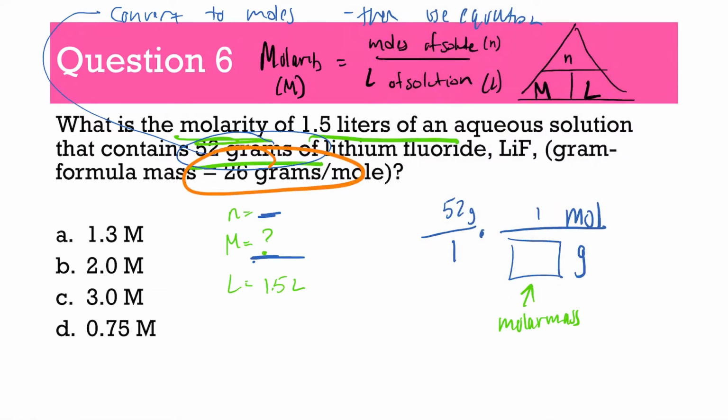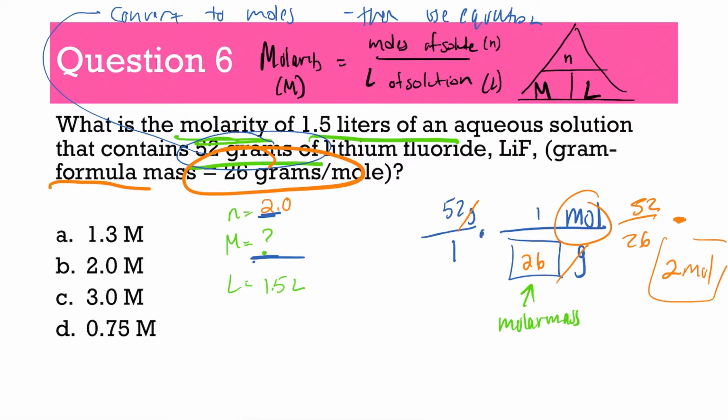This question gave it to us: the molar mass, or formula mass, means the same thing, 26 grams. So if you have 1 mole of LiF, that's 26 grams. We have 52 grams, so how many moles is that? Grams cancel out, and you're left with 52 over 26, which gives you 2. Again, your unit is moles.